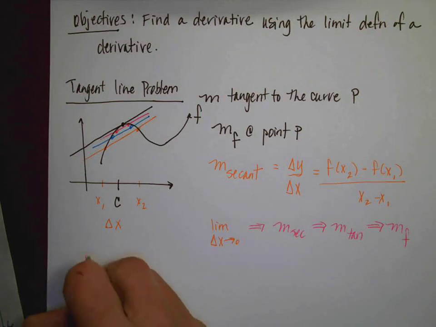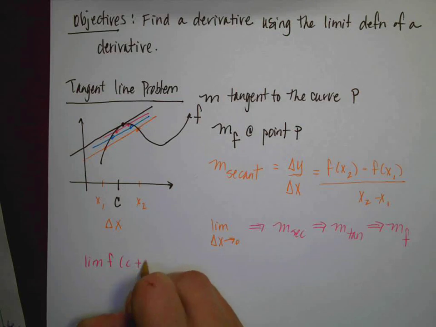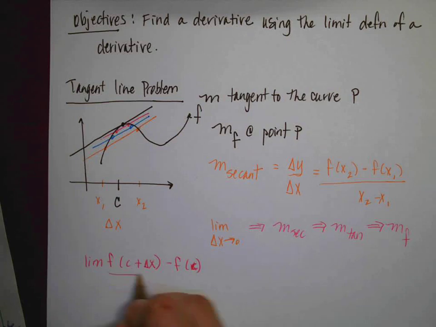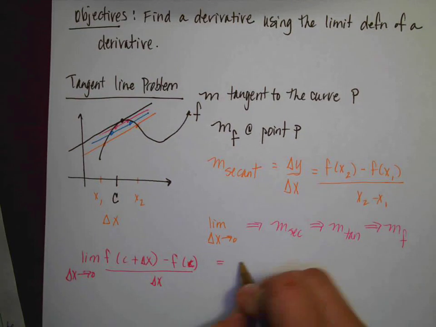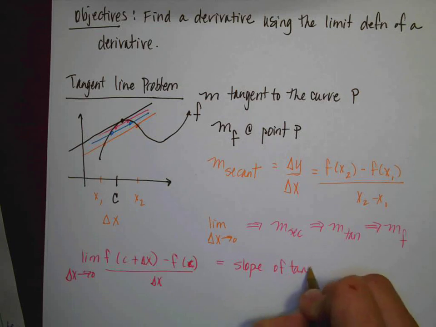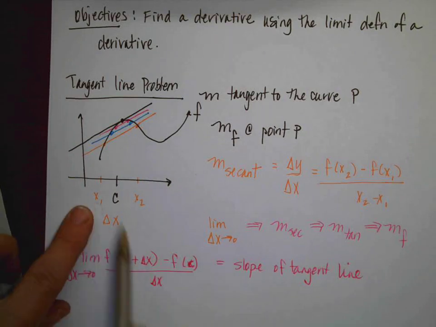So then we would write the limit of f of c plus delta x minus the original function, oops, that should be a c, over delta x, as delta x goes to 0. This is going to be the slope of the tangent line. All I'm doing is I replaced c with x.